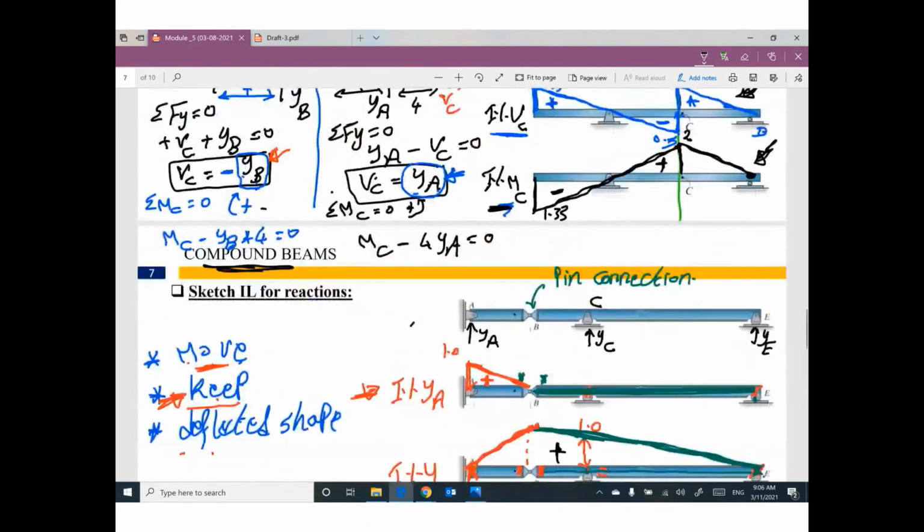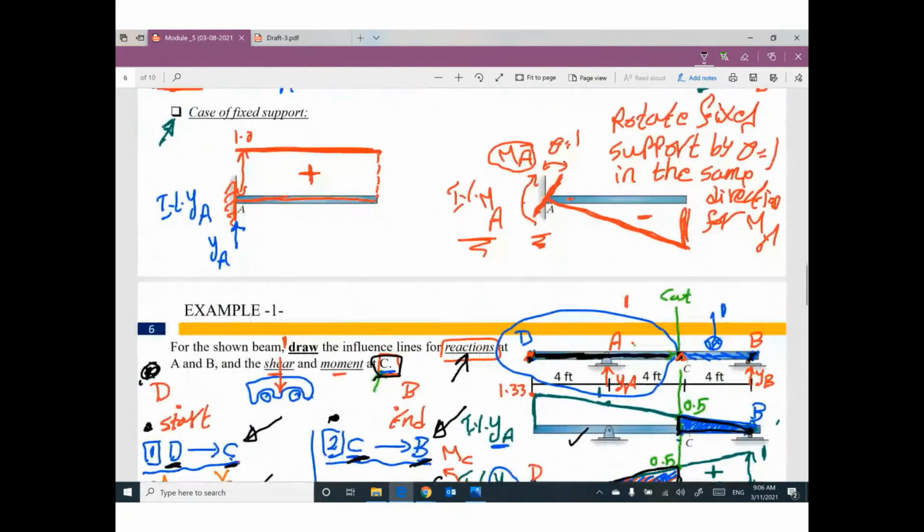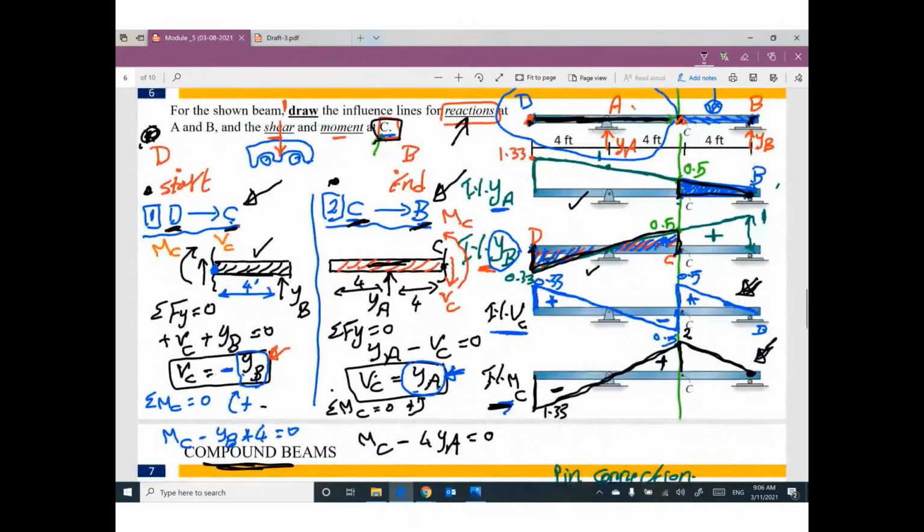So today we learned a few things. The first one: if you have a fixed support, how can I draw the influence line for vertical reaction and the influence line for moment at this fixed? If we are looking for the influence line for shear and moment at a specific point, we use these calculation techniques to draw this diagram and this diagram.